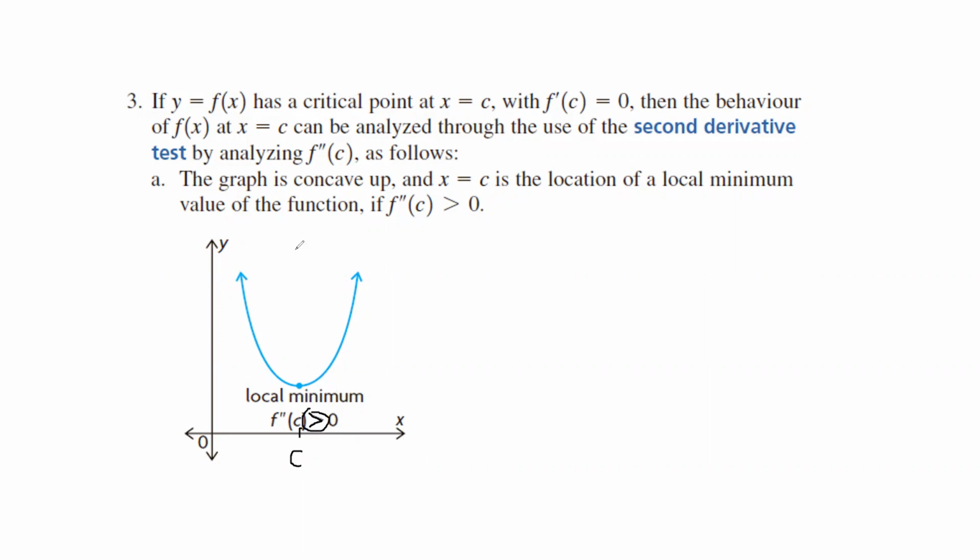So if your second derivative is positive at this vertex, it means that the function would grow in both directions from this point.